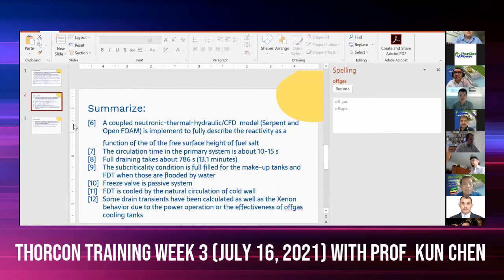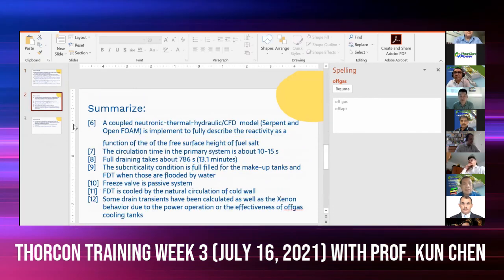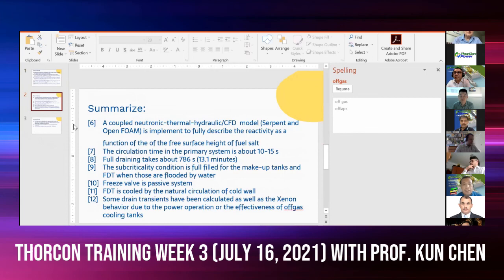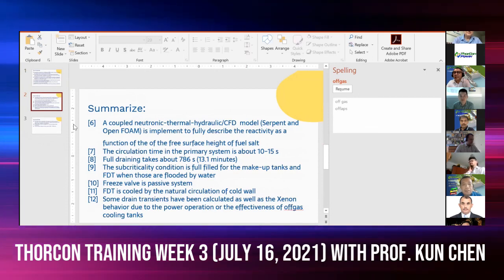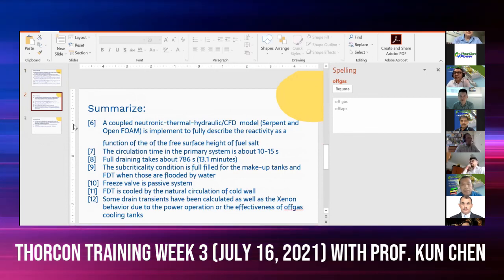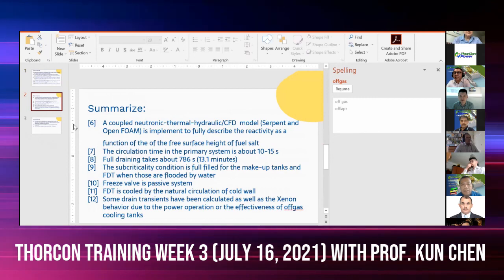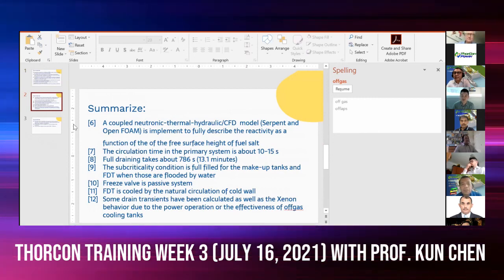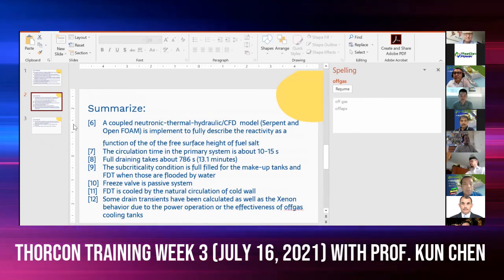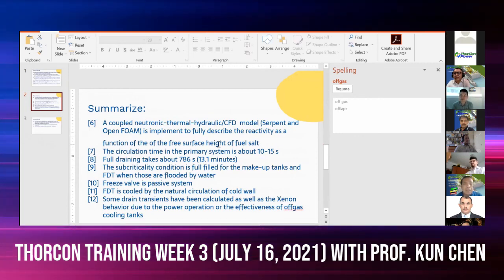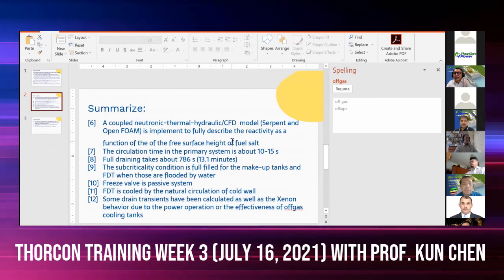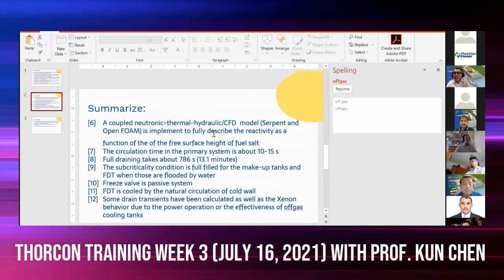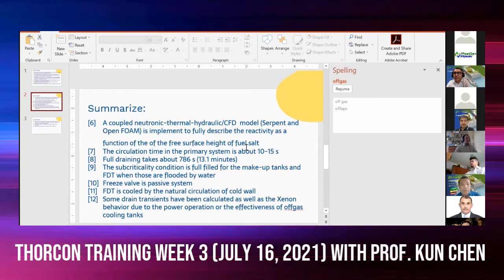And then goes to number 6. I think a coupled neutronic with thermohydraulic or CFD model. In the case of Milano Multiphysics, they use Serpent and OpenFOAM. It is implemented to fully describe the reactivity as a function of the free surface height of fuel salt.